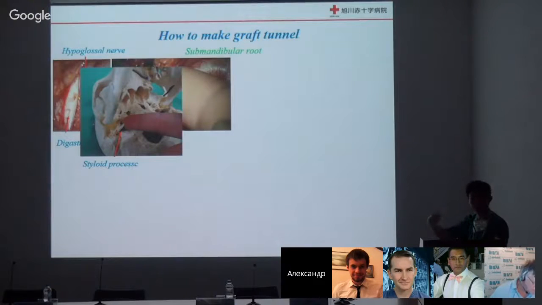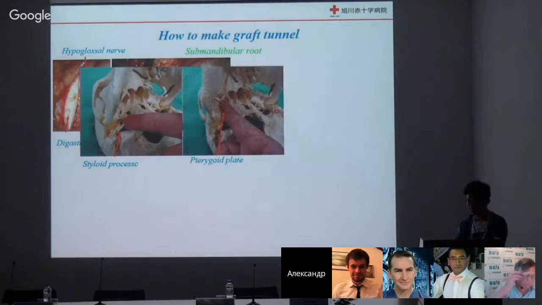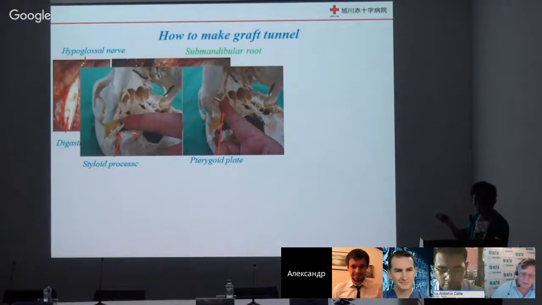The first medial landmark is the styloid process. Firstly you can touch the styloid process, then create a wide field, then move anterolaterally. Also we can touch the pterygoid plate, the origin of the lateral pterygoid muscle.